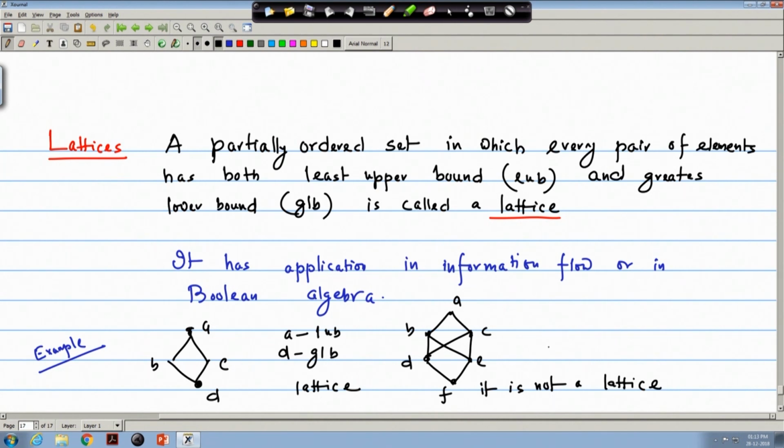Since if I consider BC or DE, for DE it has GLB as A, but no LUB. So, it is not a lattice, but this one is a lattice.